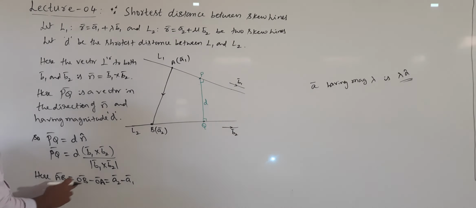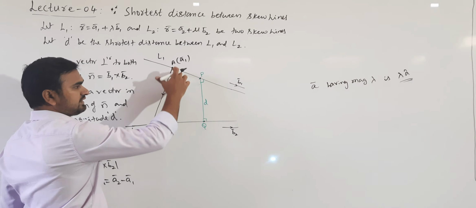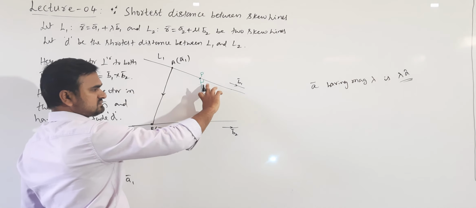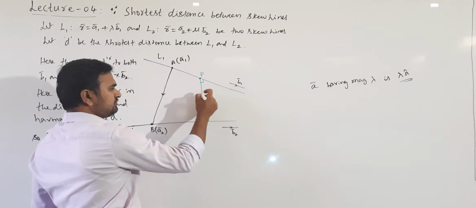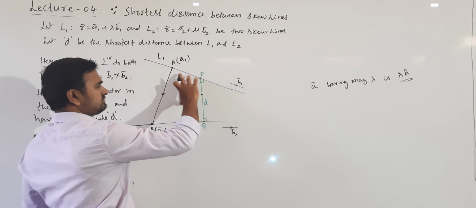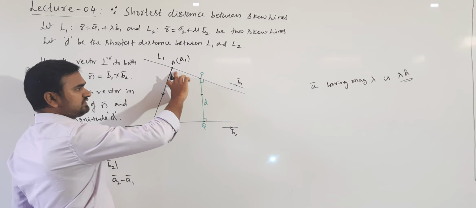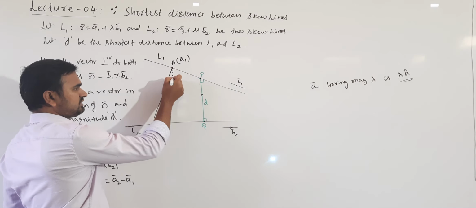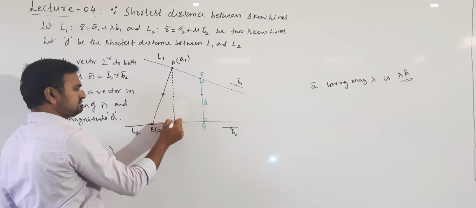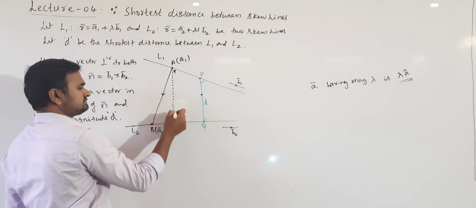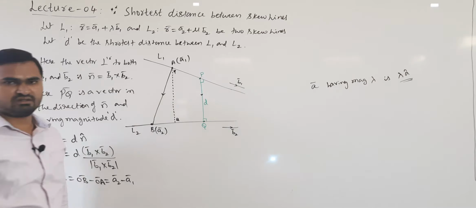Let us take theta as the angle between this AB bar and PQ bar. Since this is PQ bar, I am moving it up to here. Imagine that the vector PQ bar we are moving up to here, so we will get PQ bar here like this. You just have to imagine. Understand?